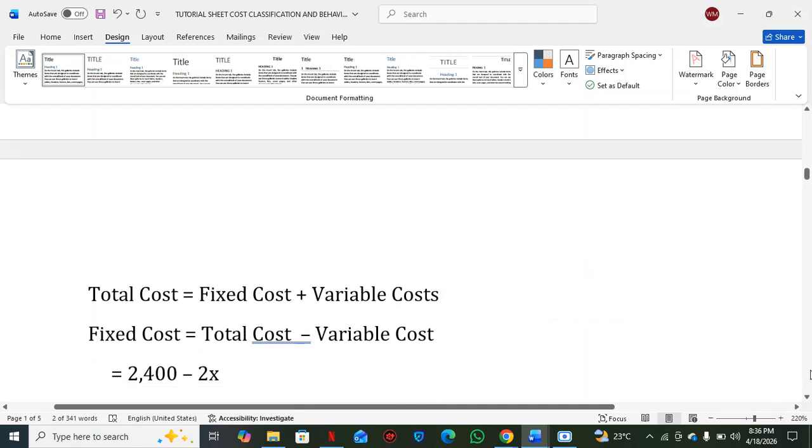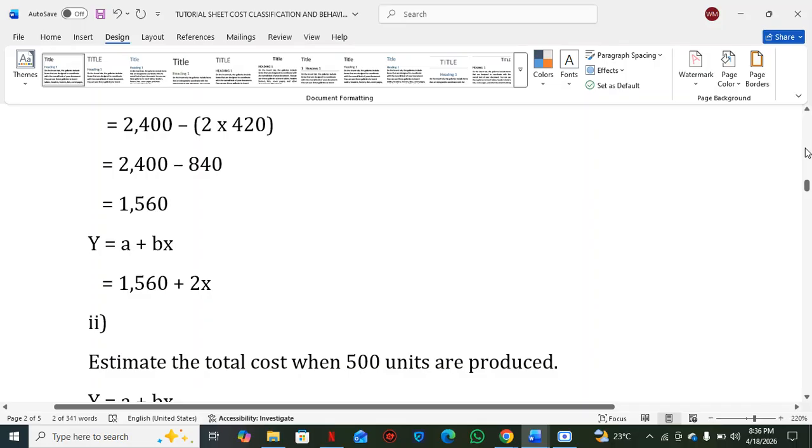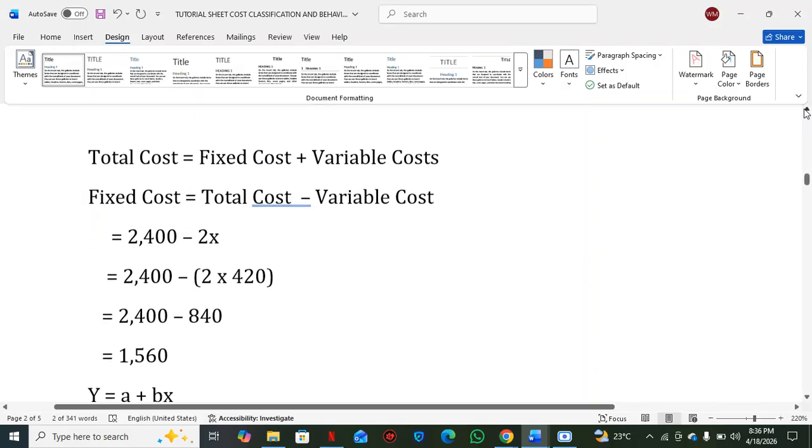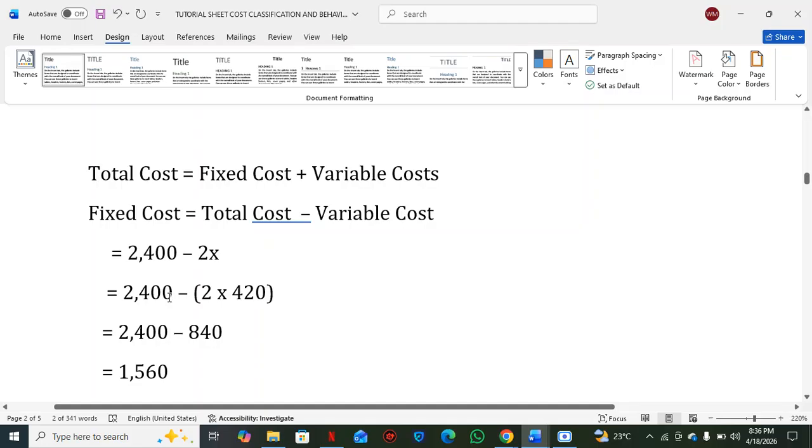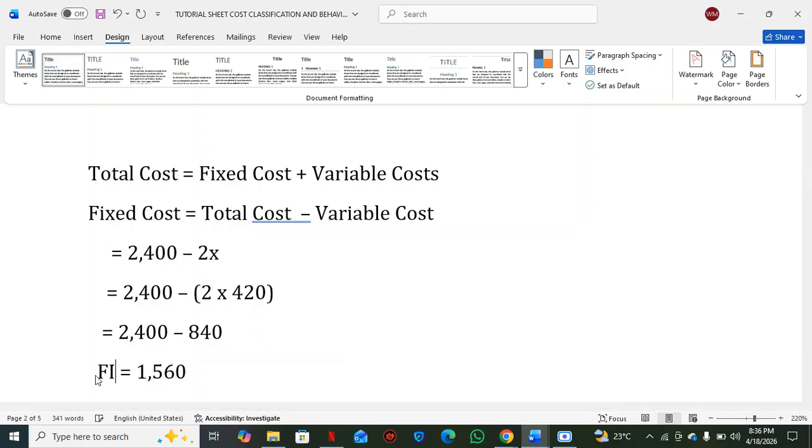So you're going to say 2,400 minus 2 times 420 units. 2 times 420, you get 840. 2,400 minus 840, you get 1,560. So this, colleagues, is your fixed cost.